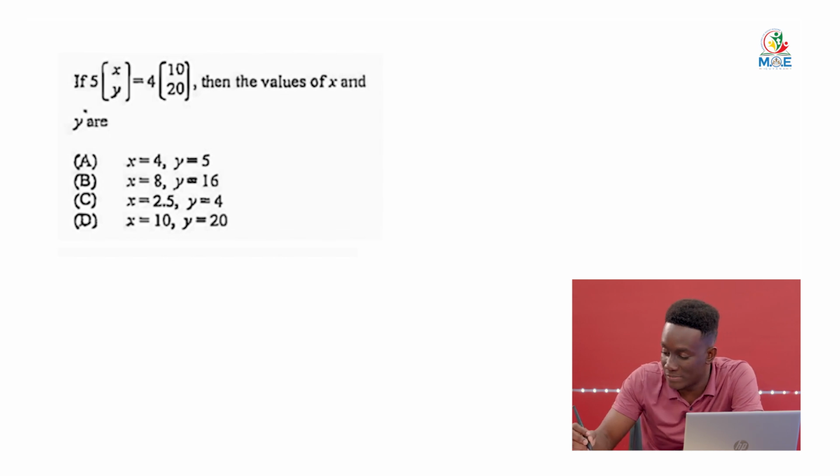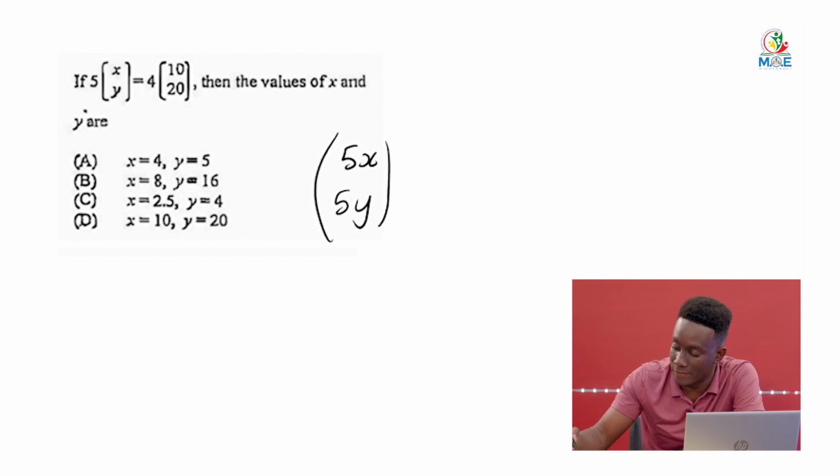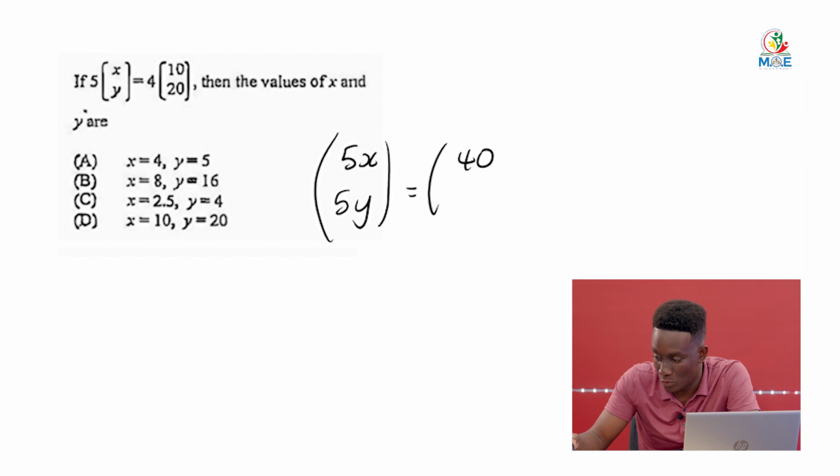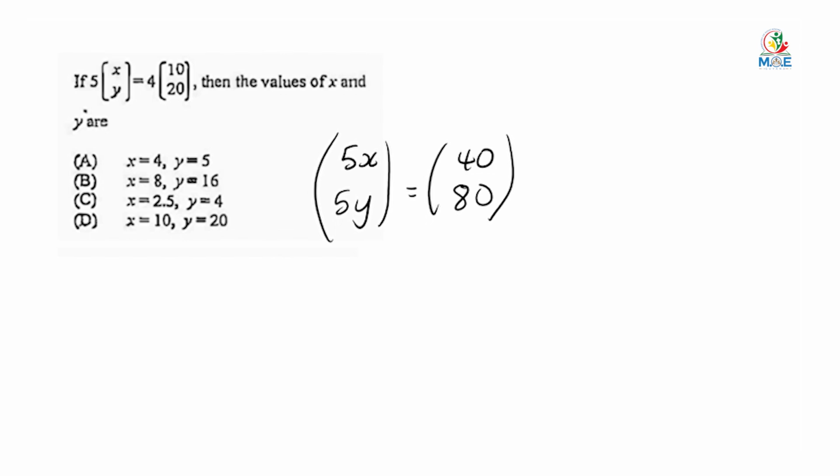So 5 times x is 5x, and 5 times y would be 5y, is equal to 4 times 10, which is 40, and 4 times 20, which is 80. So we're dealing with equal matrices. So we have 5x is equal to 40 and 5y is equal to 80. We can equate that and solve for x and y.